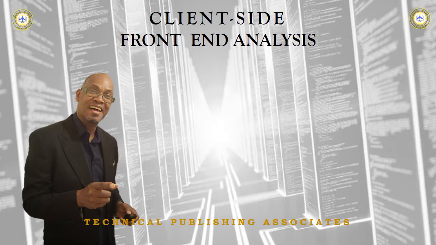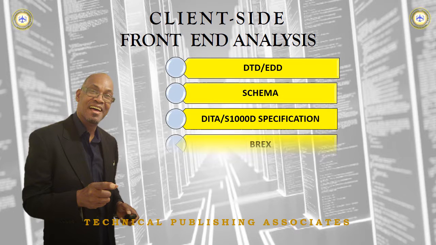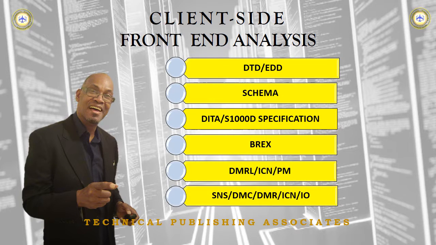Just like the technical writer, the code writer analyzes the document element schema and authoring protocols listed here to ensure the quality of content being generated is accurate and is structured for inclusion into your CSDB for reuse and repurpose.